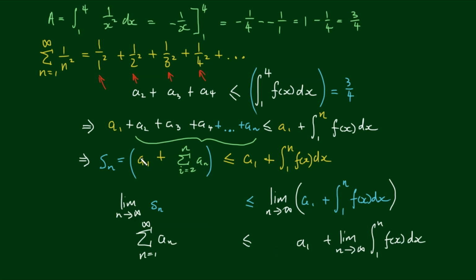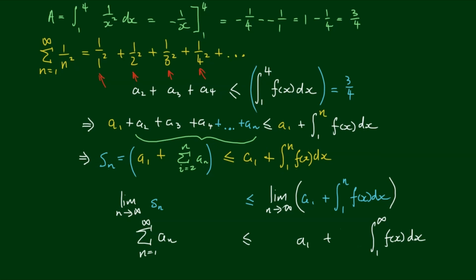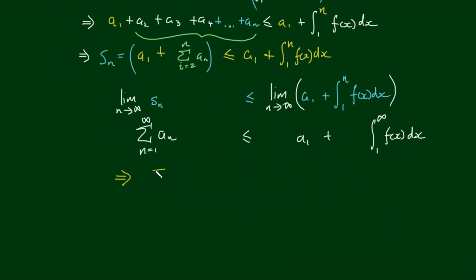And the limit as n goes to infinity of the integral just forms an improper integral from 1 to infinity of f of x with respect to x. So in our case, the sum from n equals 1 to infinity of 1 on n squared is always going to be less than or equal to the first term, which is 1 over 1 squared, plus the improper integral from 1 to infinity of 1 on x squared.